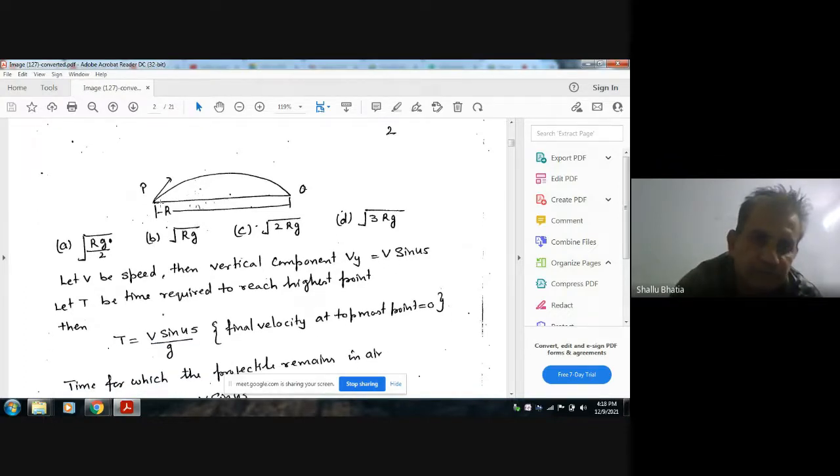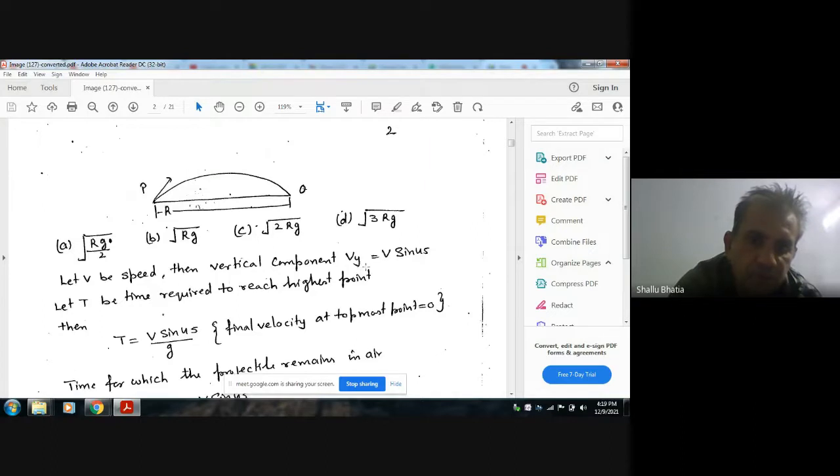Let V be the initial speed. The vertical component will take it to the topmost position and then bring it to the bottommost position. T is the time taken from bottom to top, and the same time it will take to come from top to bottom. First of all we will find the time using the vertical component.